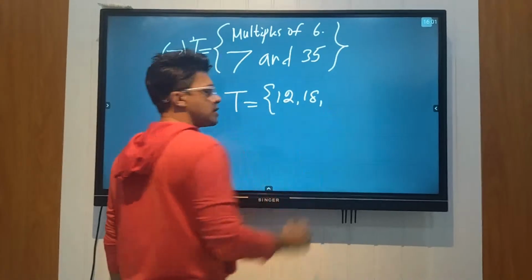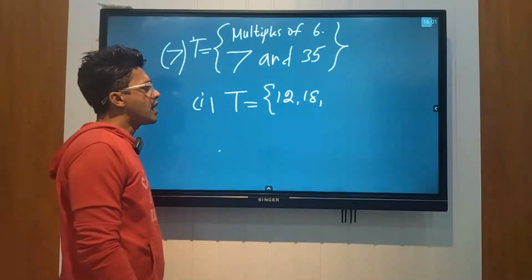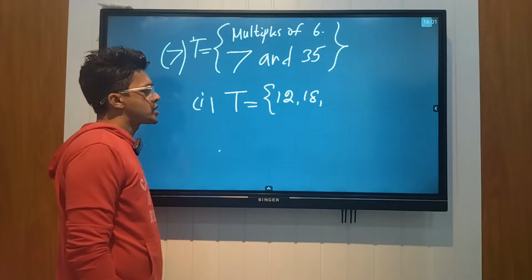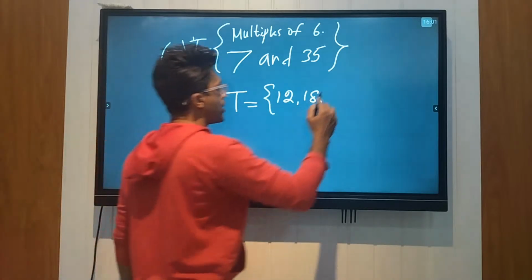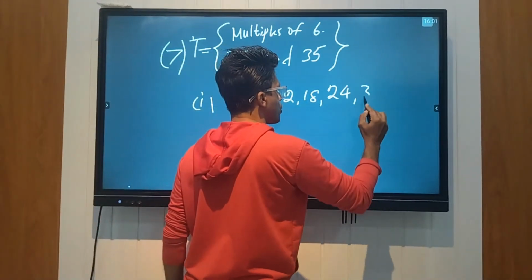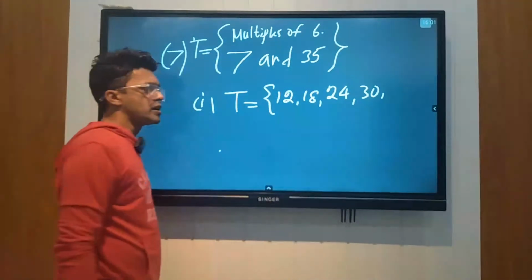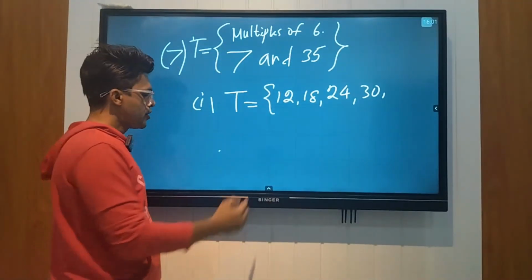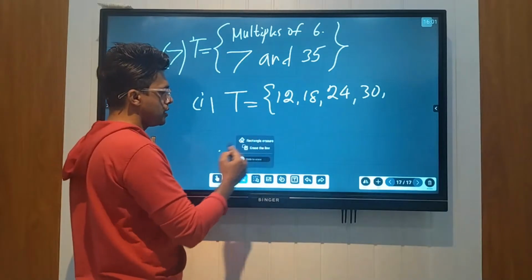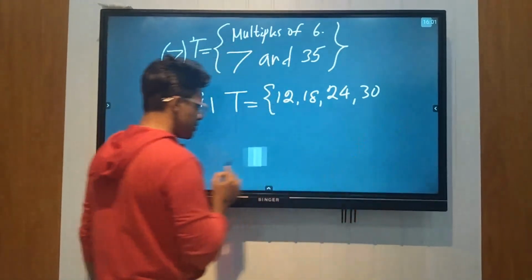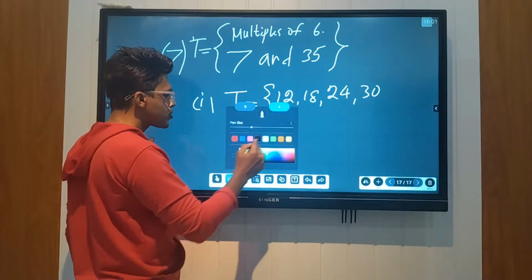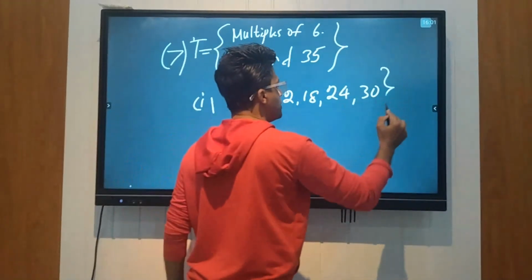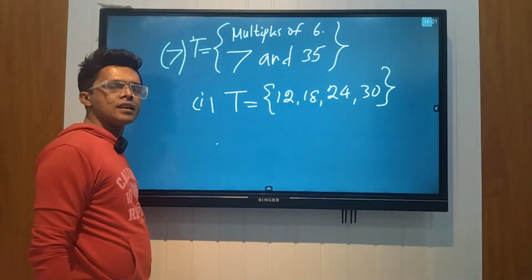So 12, 18, 24, 30 also can be taken. Are we able to consider 36? No, we can't. So these are the elements of the set T here.